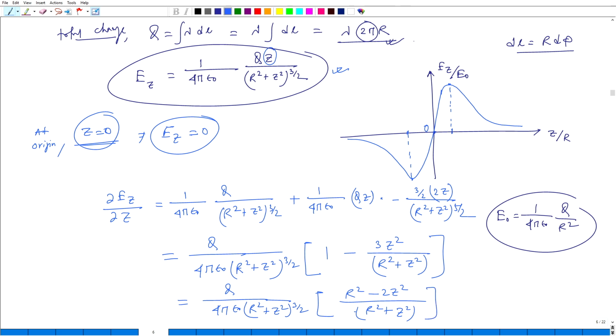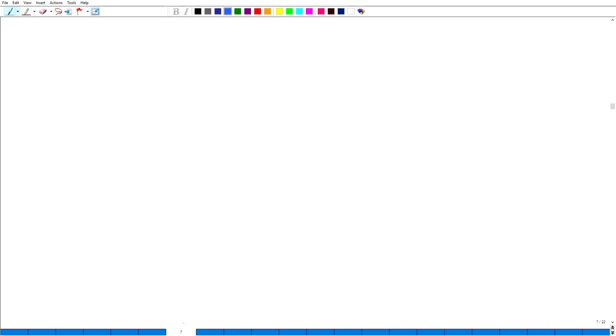At the maximum value of Ez, del Ez over del z becomes 0. So at the maximum point, del Ez over del z becomes 0.